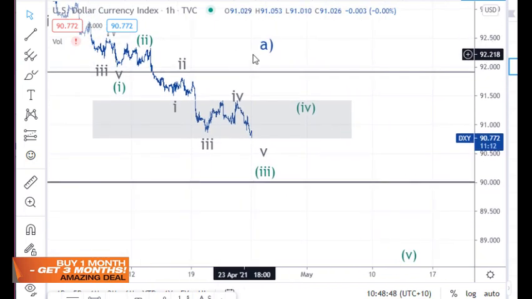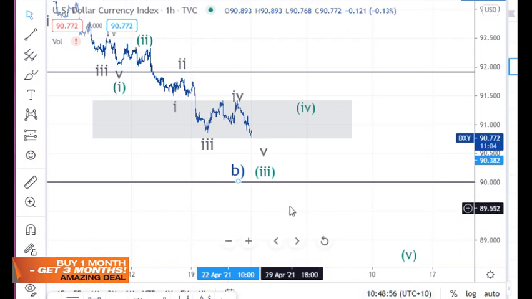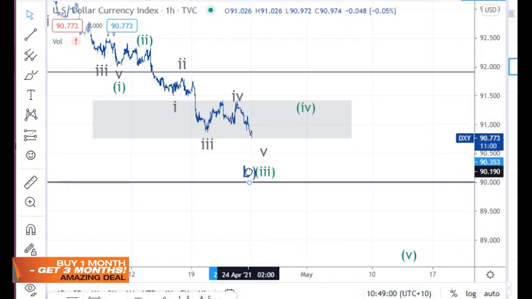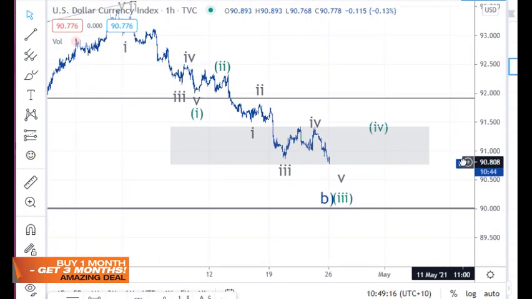It's kind of important what happens right here because it can affect the gold market, of course. So we could have one more low come in here, and that could be wave B, and we could start to see this go up from that point. I mean, we expect it to go up anyway to wave 4 here, but it could play havoc with any upside for gold.